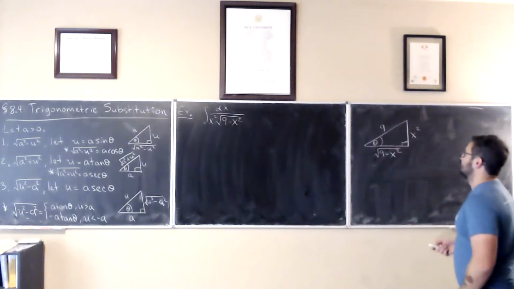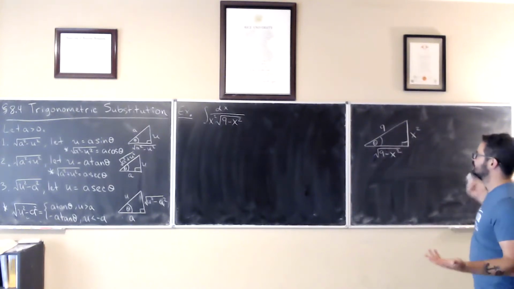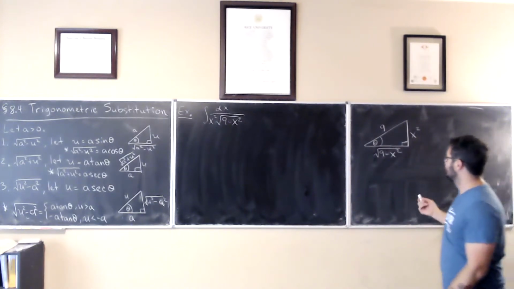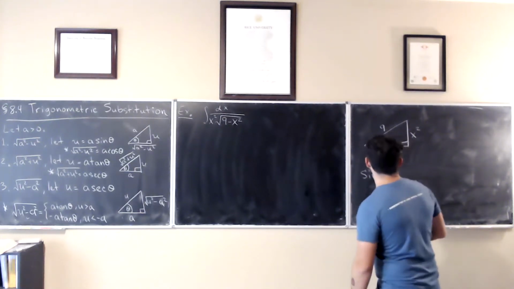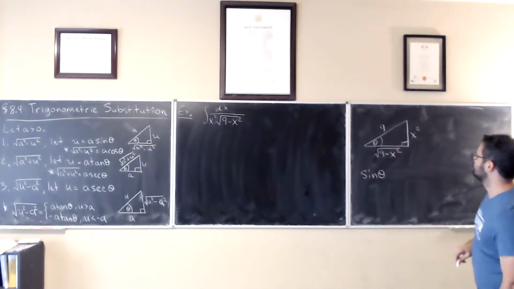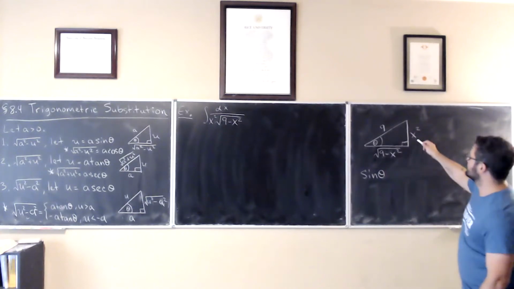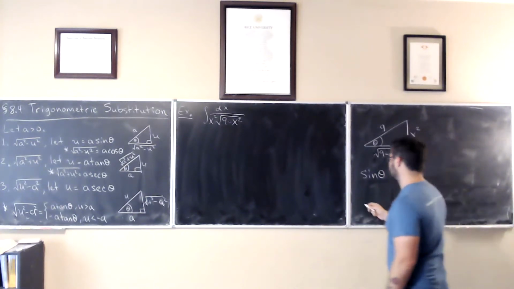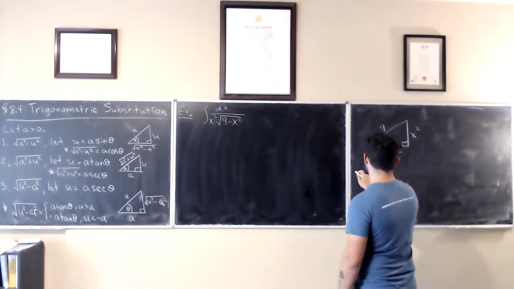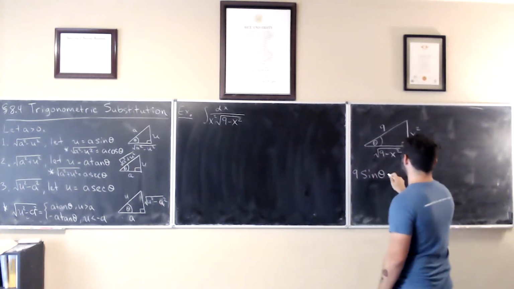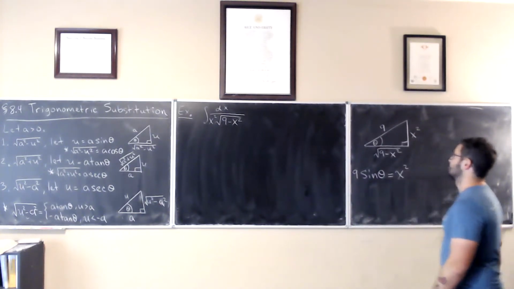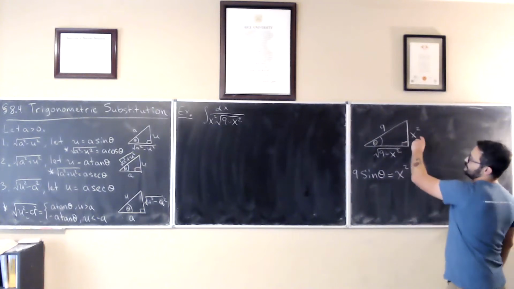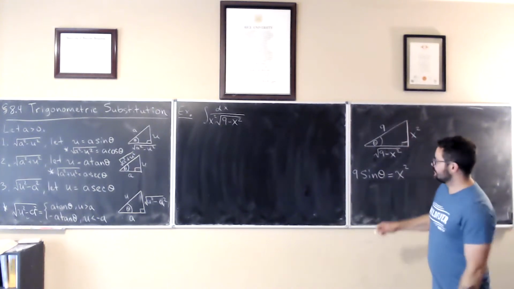So, why are we doing this now? Well, now that we have this, I know that sine theta is equal to x squared over 9, or in other words, 9 times sine theta is equal to x squared. Opposite over hypotenuse.